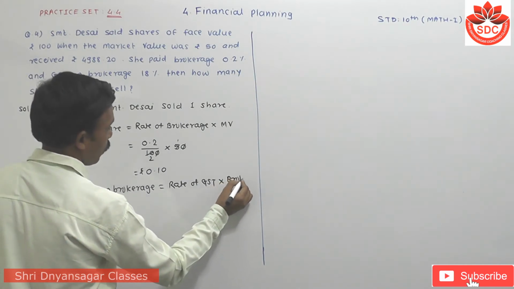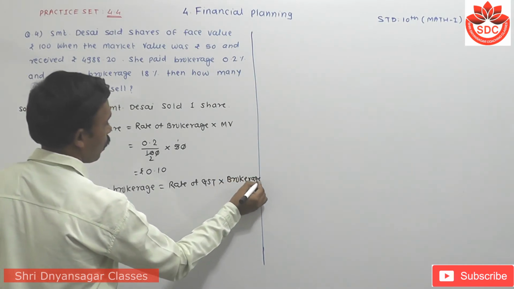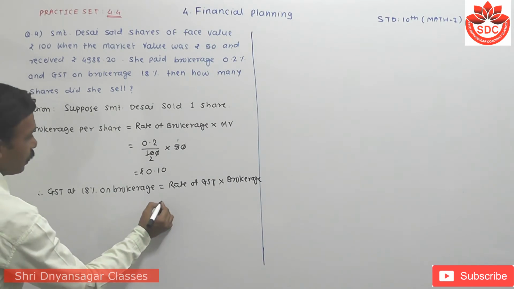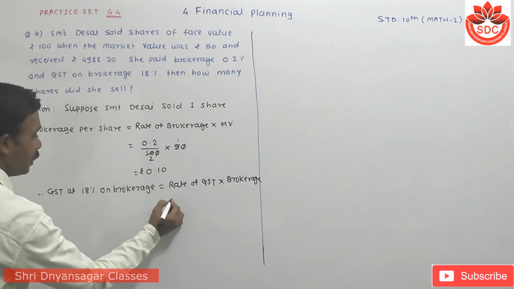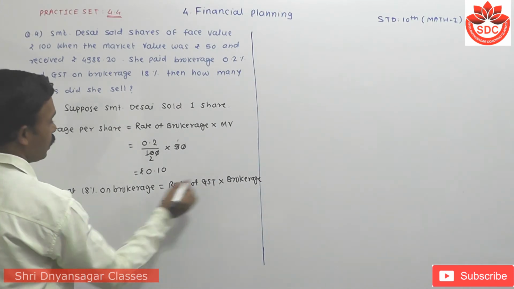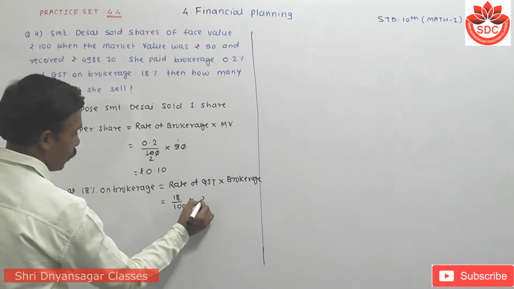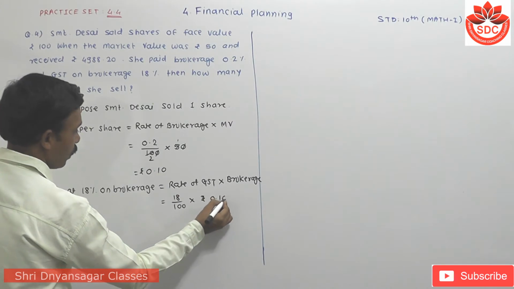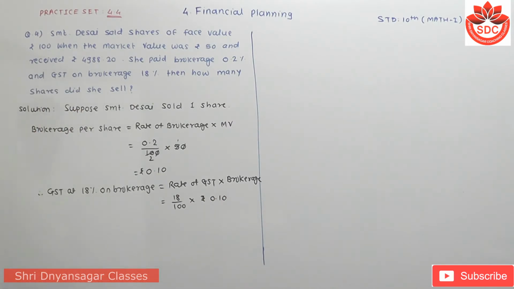That means rate of GST is 18%, that means 18 upon 100 into this brokerage, rupees 0.10.